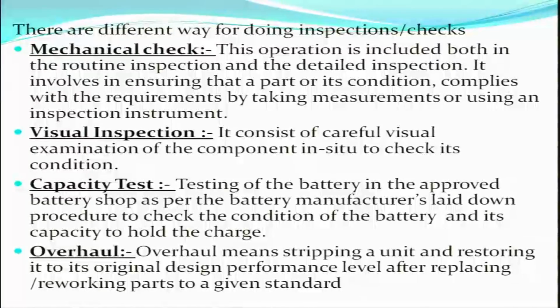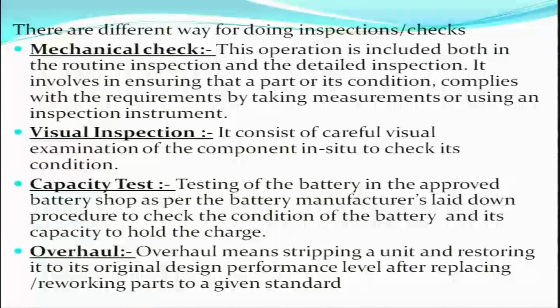So, visual inspection is a very important inspection, the first inspection which a person carries out, and in the daily inspection or the pre-flight inspection, this visual inspection is carried out, and a person carrying out the daily inspection has to be very careful while inspecting all the components.